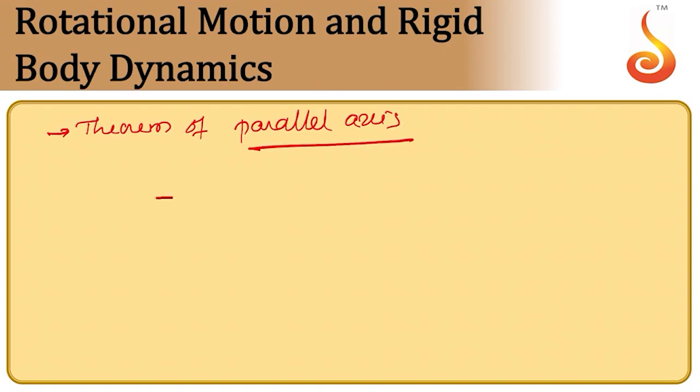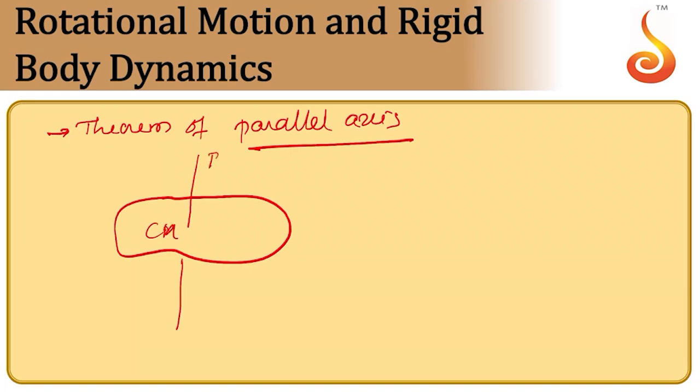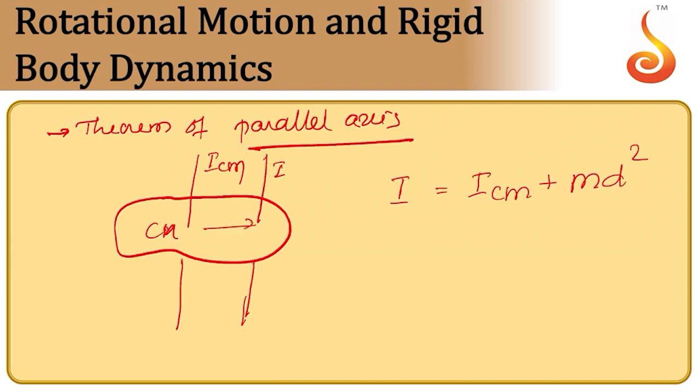According to the parallel axis theorem, suppose I know the moment of inertia of an object about its center of mass. I will call it ICM. I can find out the moment of inertia about any other axis. How? About any other axis, the moment of inertia is the moment of inertia through the center of mass plus the mass of the object into the separation between these two parallel axes square.